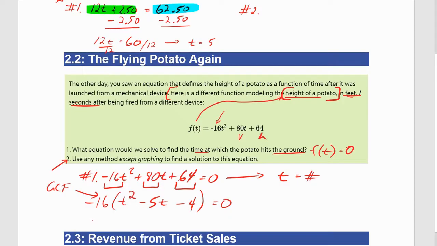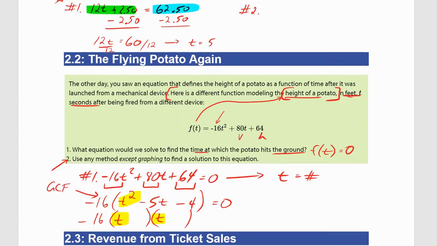Now the tricky part is how can we factor the rest that's in the parentheses? This is interesting because we took out the negative 16. We know that t times t gives us the t squared, right? We know this piece times this piece gave us that piece.